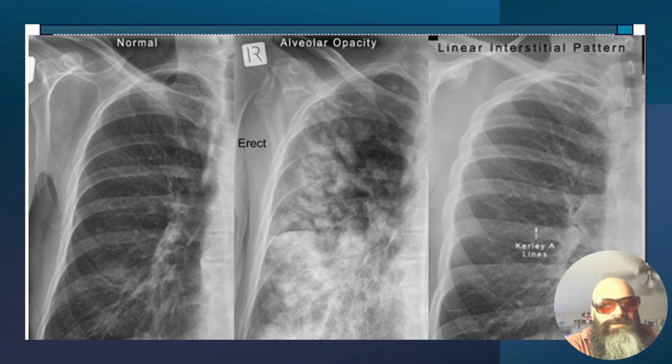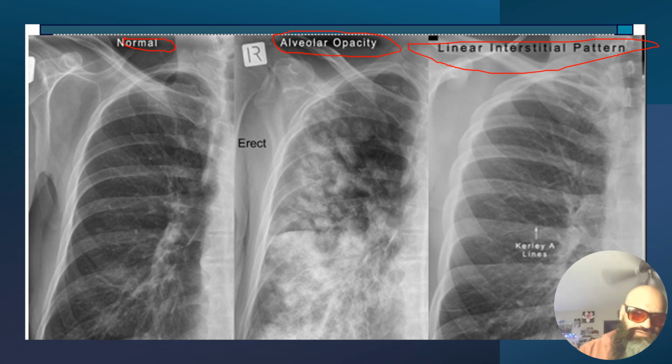So here's a good one to study off of. We have normal here on our far left. Right in the middle we have alveolar opacity or alveolar infiltrates, and we have a linear interstitial pattern which is consistent with diffuse interstitial infiltrates.